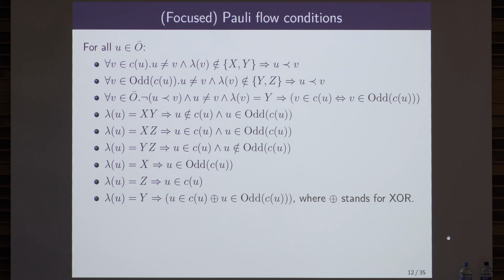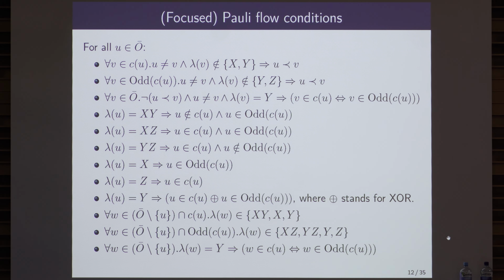And then in practice, when working with flow structures, we also like to add some extra conditions that are called focusing conditions. So in total, we get a lot of different conditions that we need to satisfy in order to be able to say this computation given by a labeled open graph can be done in a deterministic way.